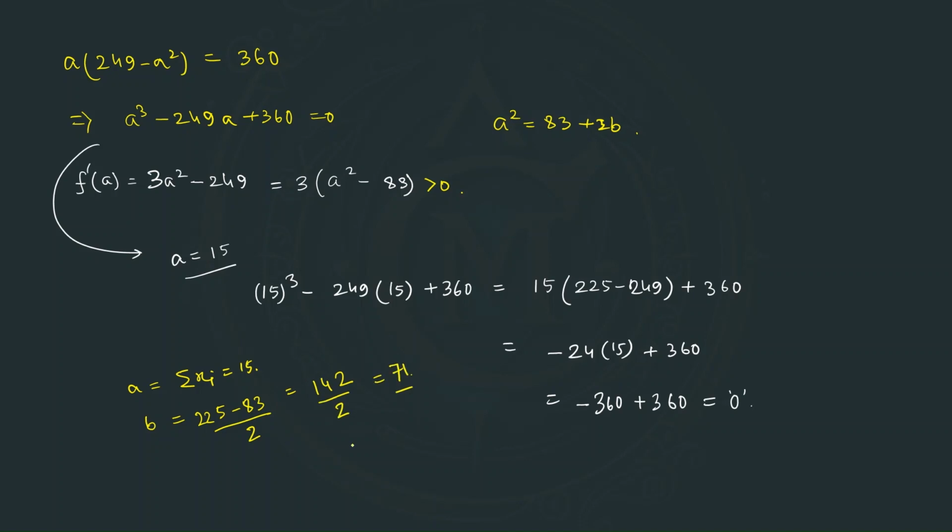So 71. So the cubic equation will look something like this: a times x cube minus 15 x square plus 71x minus something equal to 0. Now a can be anything other than 0 because a is the leading coefficient of this polynomial.